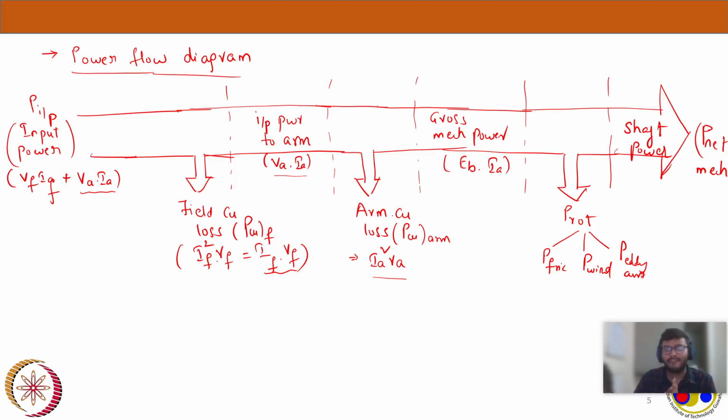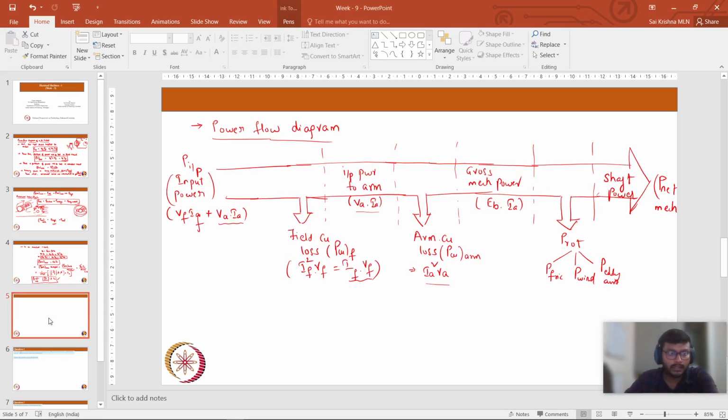Every problem related to losses will be very simple if you just remember this diagram. With that, let's move to another small discussion, the DC shunt motor.